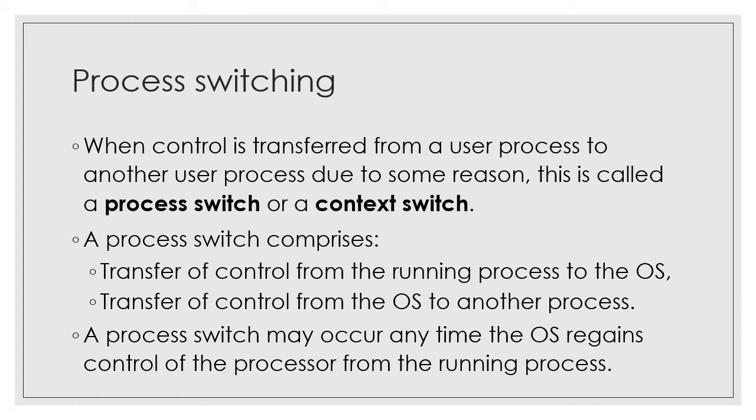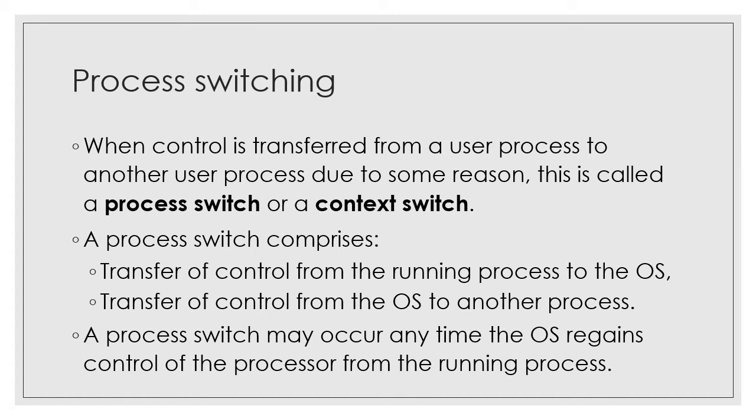The entity taking the process away from process A is the operating system. The entity giving the processor to process B is the operating system too. This means that a process switch comprises transfer of control from the running process to the OS, and transfer of control from the OS to another process.